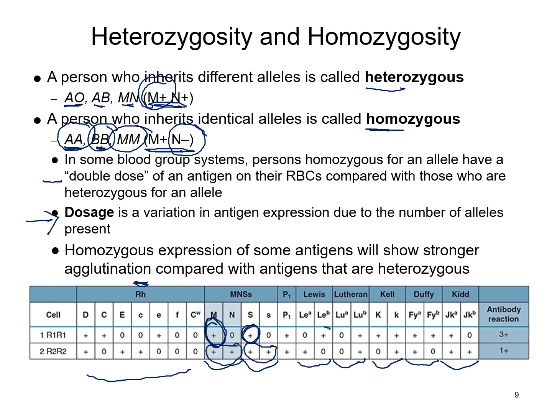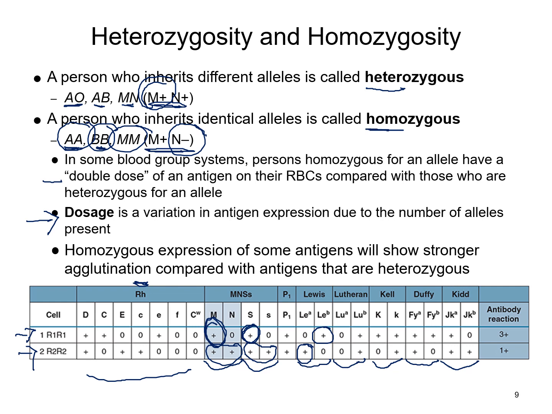Here you've got the Lewis B, so this patient or donor has two alleles of the B, and this one has two of the A. Remember, we talked about how these are all specific individual donors. So now you can see the explanation of heterozygous versus homozygous.